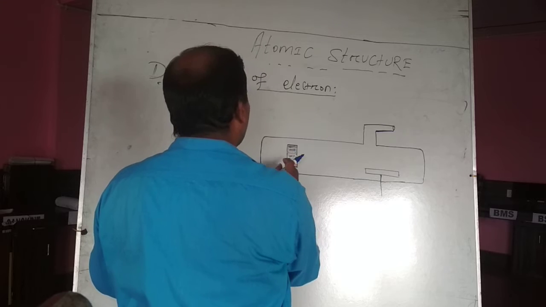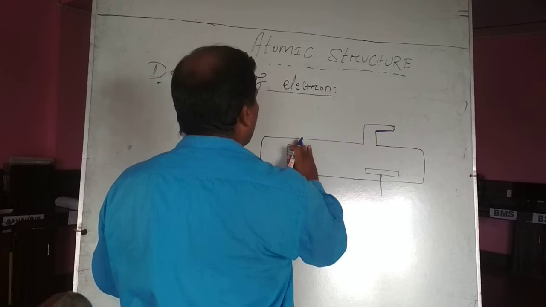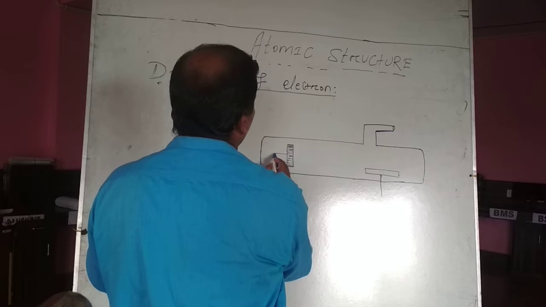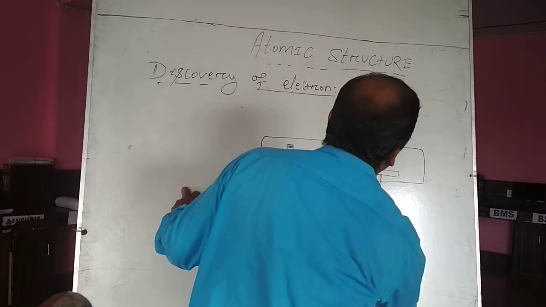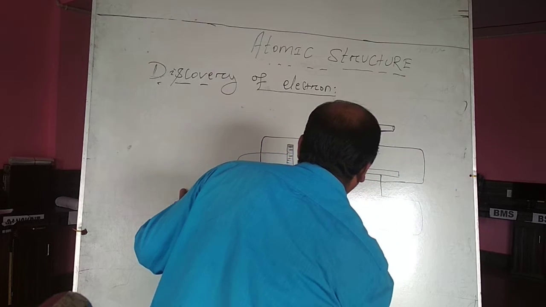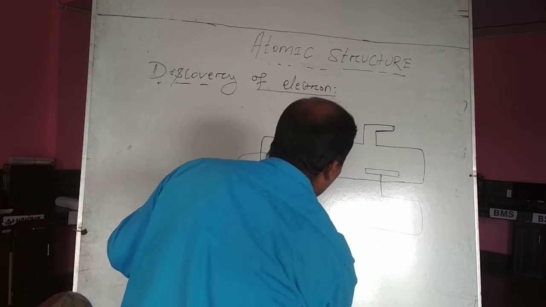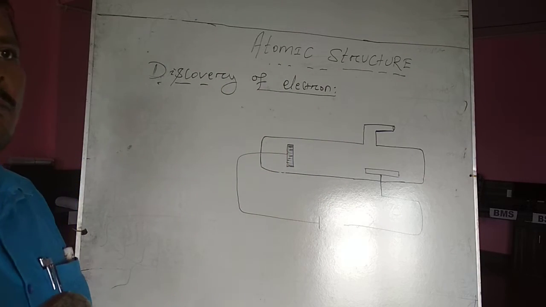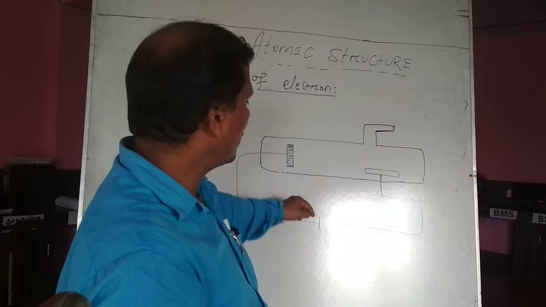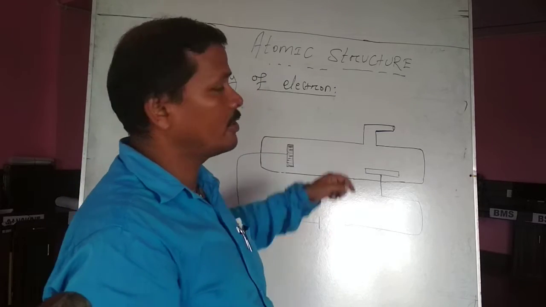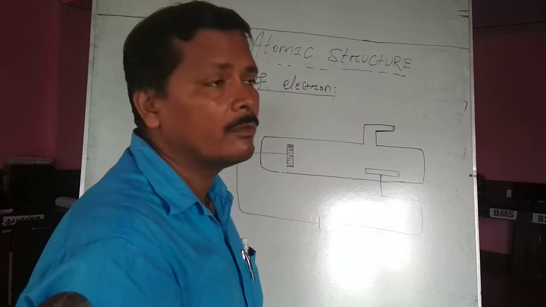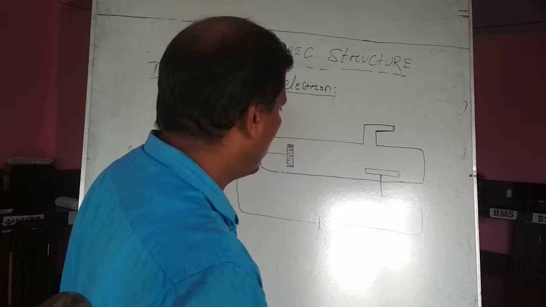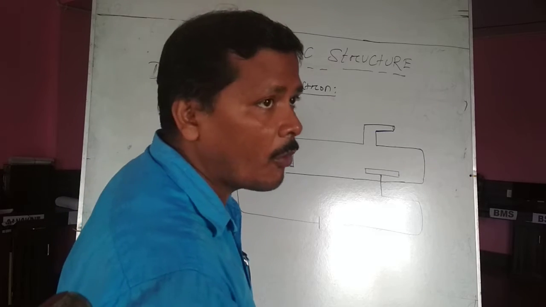Means we are going to connect the two plates in the discharge tube to a battery which can produce a current of high voltage, about 10 to 12,000 volts.